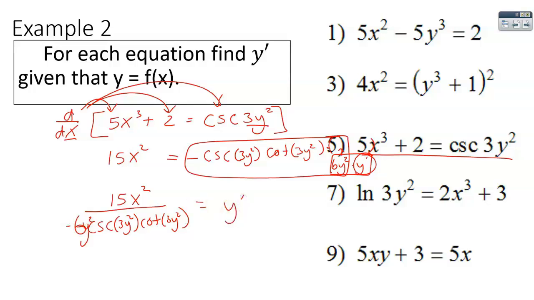And then we can probably reduce this 6 and the 15 there by 3, right? So 3 goes into 15 5 times, and 3 goes into 6 twice. There you go. I would say that's probably a good enough answer.